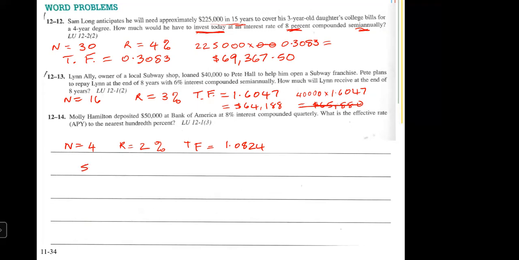So that's 50,000 times 1.0824. And what does that give us? $54,120.